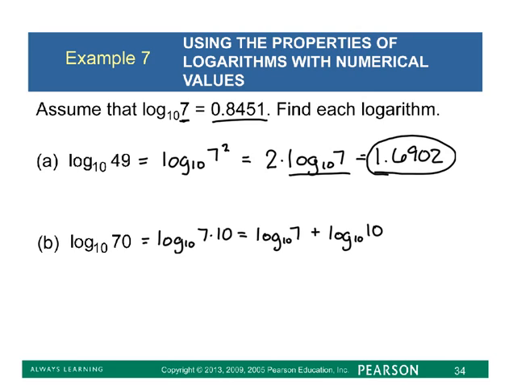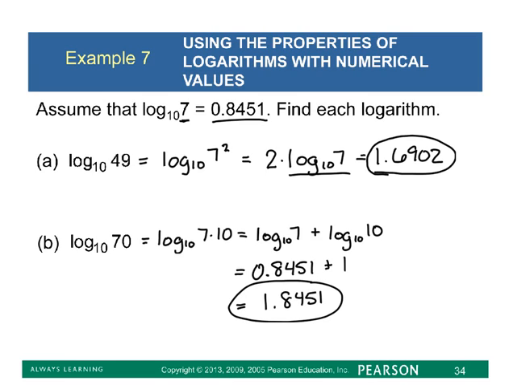Now, remember what I said: if our base and what's inside our logarithm are the same, then the logarithm is equal to 1. So we have log base 10 of 7, that is 0.8451, and then 1. So this is equal to 1.8451. And we're done.